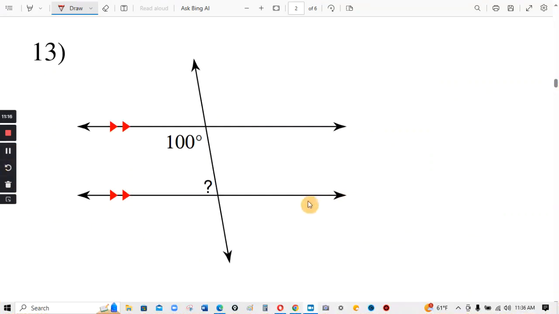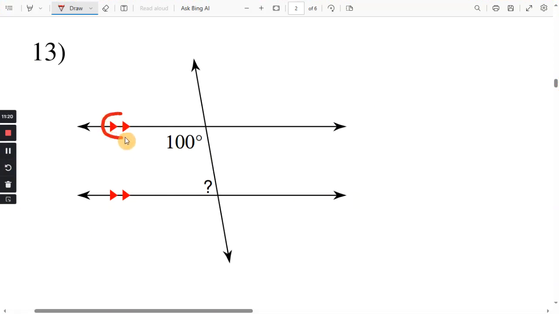On number 13, again, these lines are given parallel. These two red triangles indicate that the lines are parallel. This line here is your transversal T, and we see these angles are on the interior. They are both on the left-hand side of the transversal, so we have this angle and this angle here.